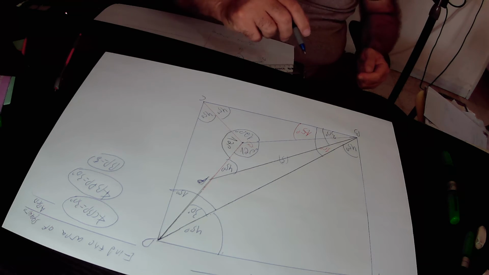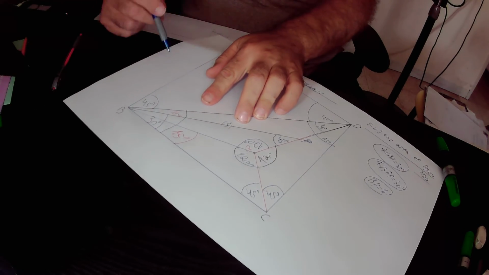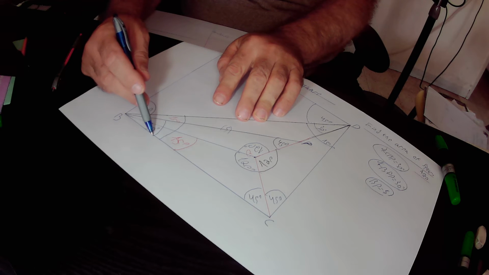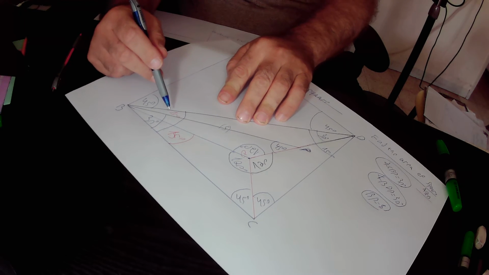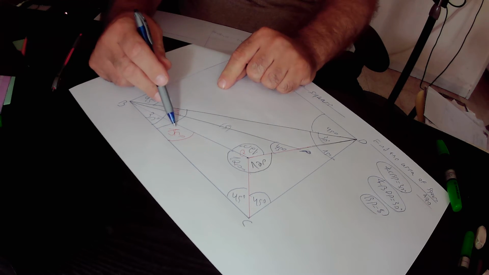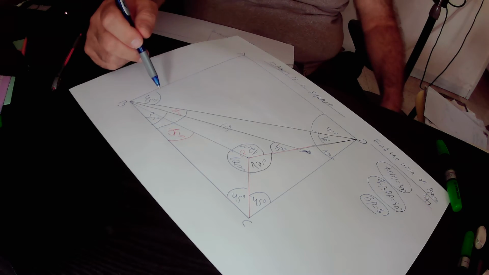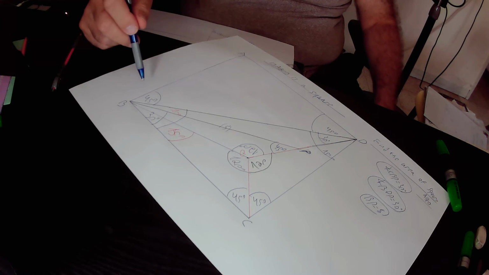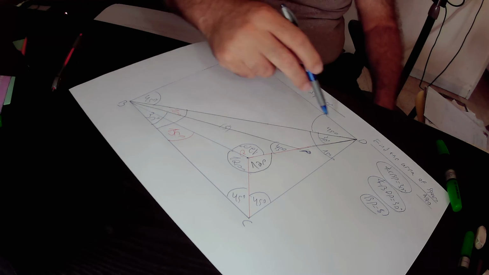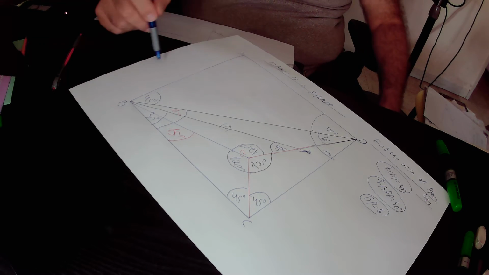First of all, we know that this angle equals 30 degrees, and therefore this missing angle must be equal to 15 degrees in size. Why? Because 15 plus 15 is 30. You can see it in another way, that DB bisects angle ABC. Again, the diagonal DB bisects angle ABC.